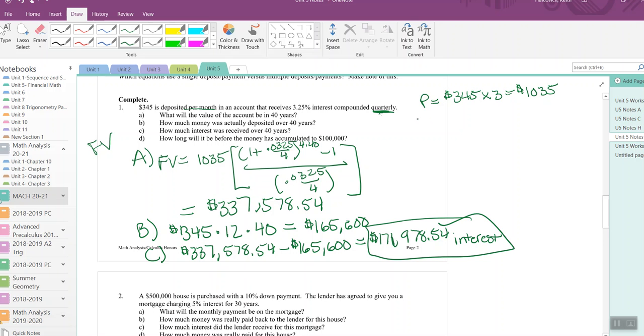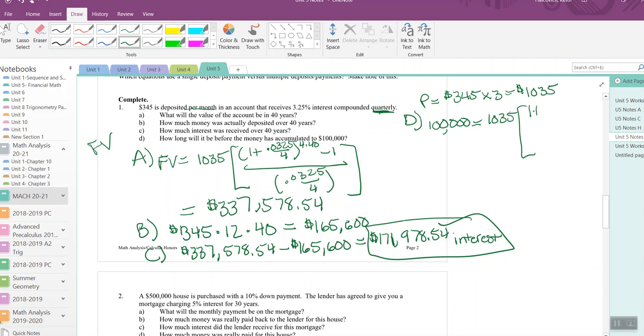For part D, it wants to know how long it will take for the money to accumulate to $100,000. So that's your future value. It's 100,000. You put in 1,035 per quarter.